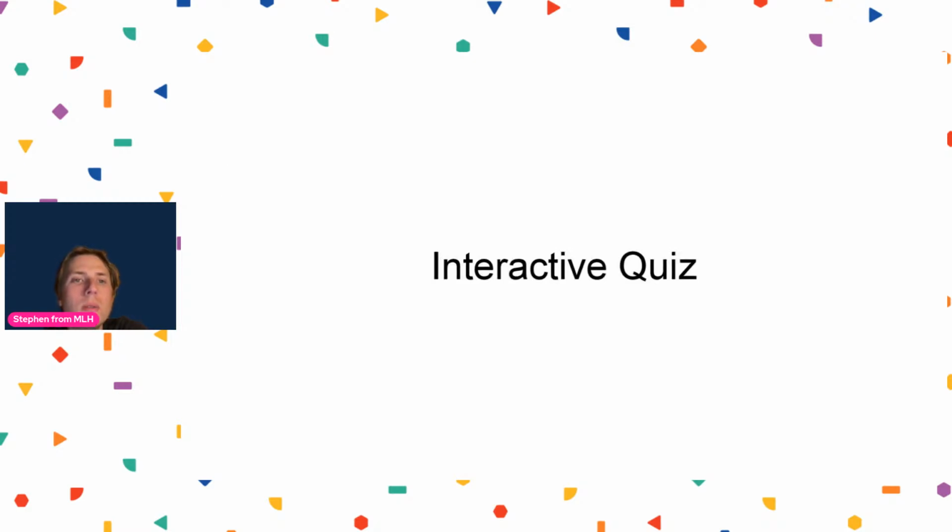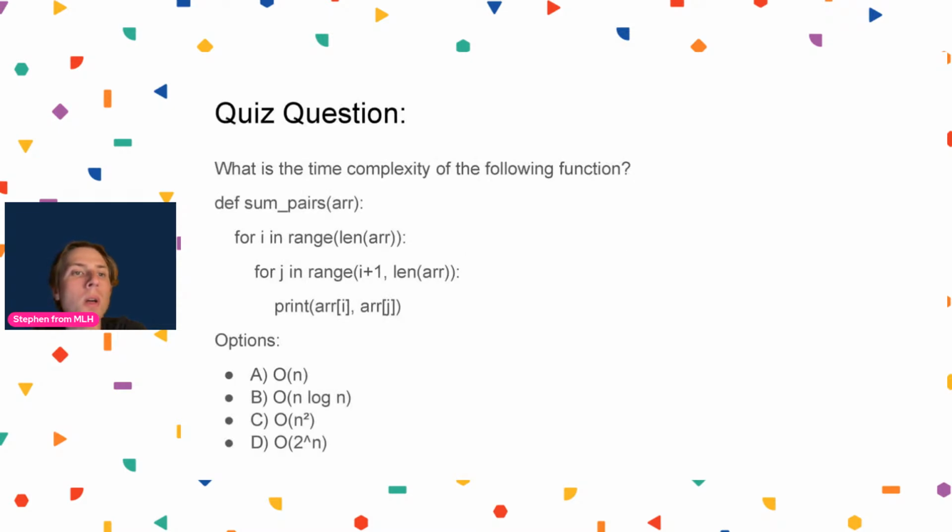So we're going to do an interactive quiz now to test your knowledge of big O notation. It's going to involve choosing a big O notation based on the algorithm I show you. So here's the algorithm. It's called sum pairs, and it's just going to sum every pair of numbers in an array.